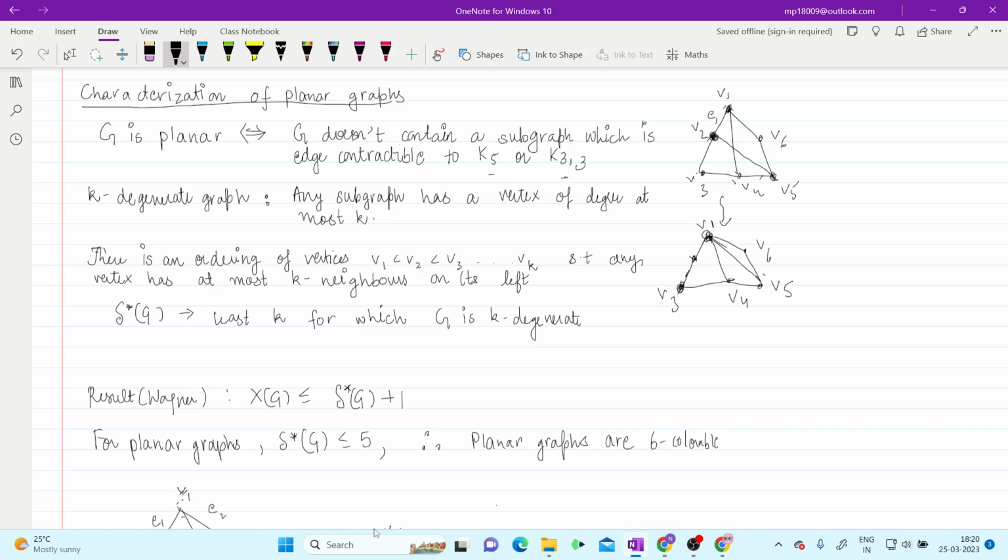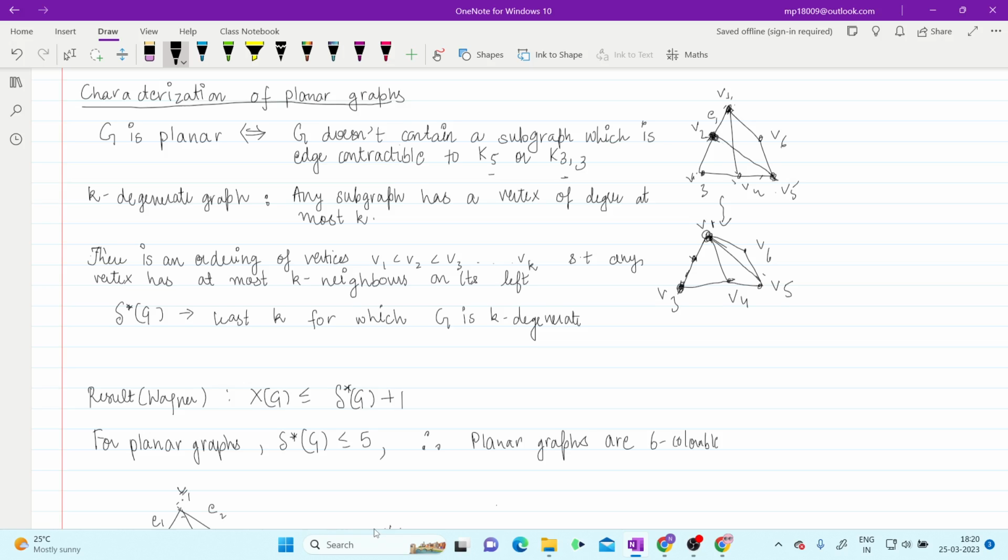Now, is it clear? In this example we contracted v1 and v2. They become one vertex, and there were three edges involving v2: v2 to v1, v2 to v5 and v2 to v3.